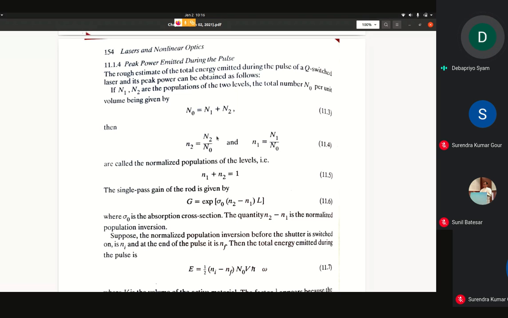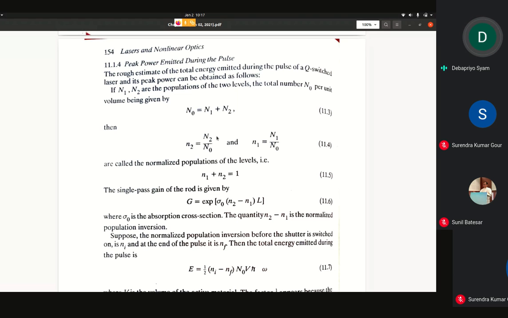The population inversion before the shutter is switched on is actually, he means that the electric field is removed. It is at the instant that the electric field is removed, not the instant when the electric field is applied. So it should not be switched on, it should be switched off. When the shutter is switched off, the electric field is removed, then it is Ni, and when the pulse is delivered, it is Nf.